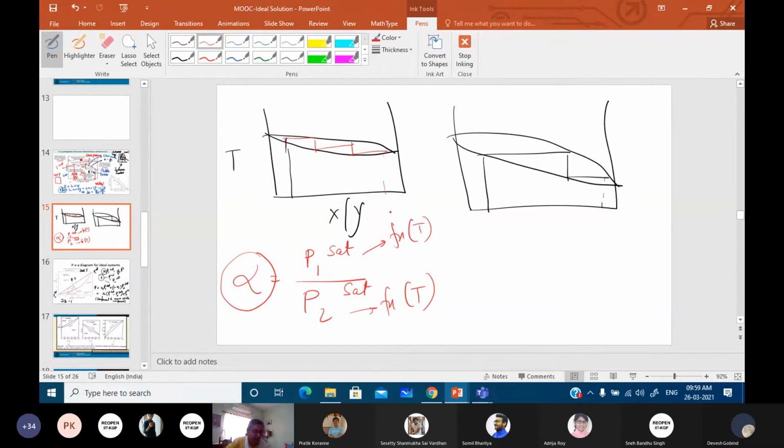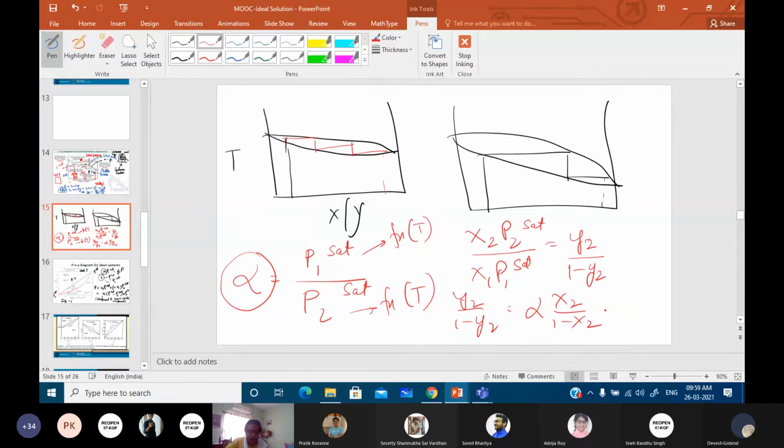If alpha value is given, then what do we know? Again let me write it down: x2 P2 saturated by x1 P1 saturated is equal to y2 by 1 minus y2. So from here we know that y2 by 1 minus y2 is nothing but alpha x2 by 1 minus x2, right? And from there we can find out what is y2 in terms of alpha and x2.